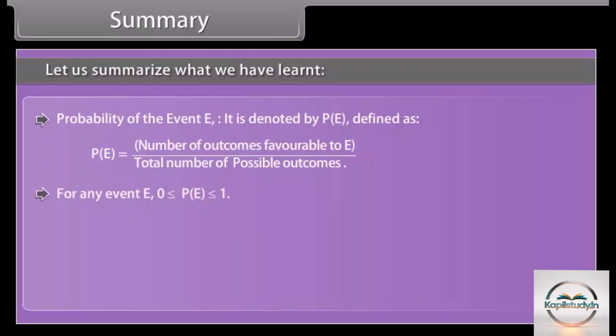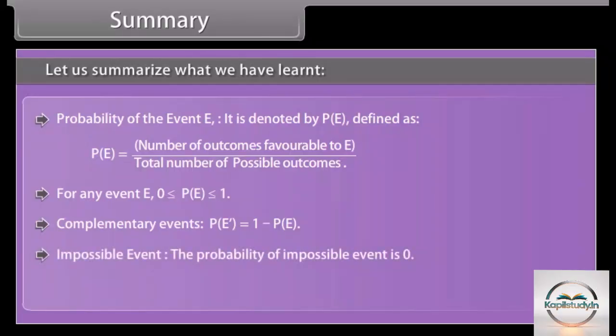For any event E, 0 ≤ P(E) ≤ 1. Complementary events: P(not E) is equal to 1 minus P(E). Impossible event: the probability of an impossible event is 0. Sure event: the probability of a sure event is 1.